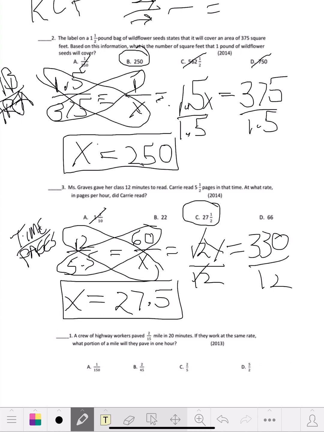But your B and your C are kind of close. You might not be able to do this in your head quick enough, but if you had to guess, you've got a 50-50 shot of getting the right one. At least you ruled out 2 of them. But that's how you do it, and that's probably how your teacher wants to see it done.